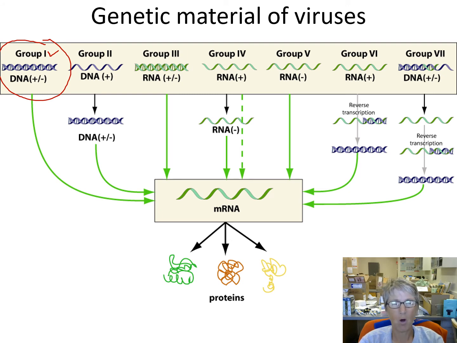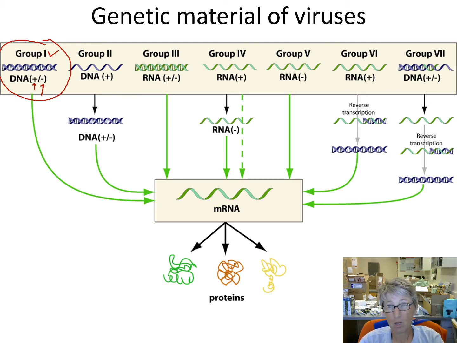And if you're in that group, you could be a plus strand or a minus strand. And then coronavirus is an RNA virus, and it's a plus strand RNA virus. It's a single-stranded RNA virus.